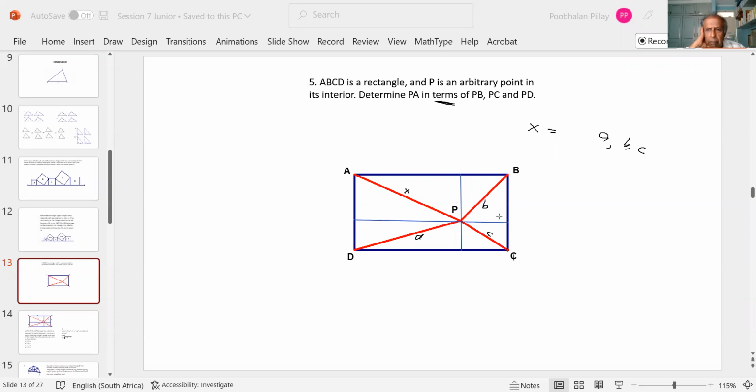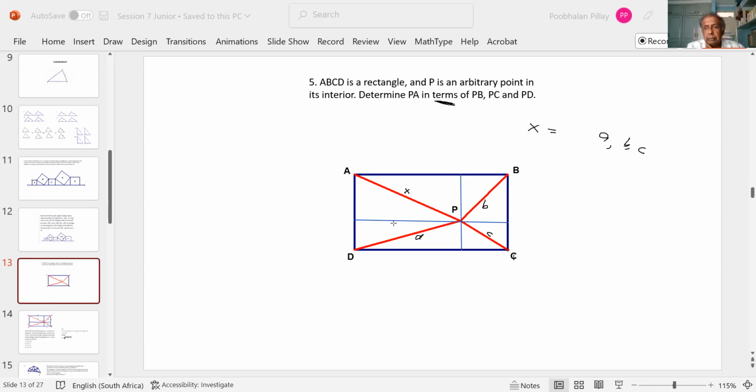Okay. And now we need to calculate x. What I'm going to do is, now I've got lots of right angle triangles.